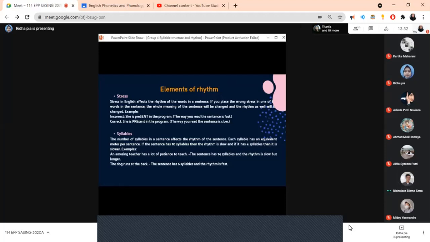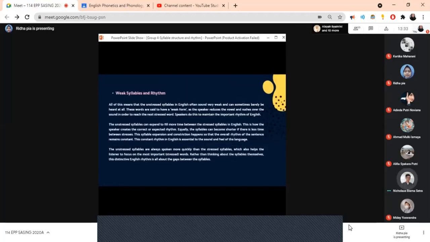For example, an amazing teacher has a lot of patience to teach. The sentence has 14 syllables and the rhythm is slow but longer. The second example is: the dog runs at the back. The sentence has 6 syllables and the rhythm is fast because here the sentence is shorter.